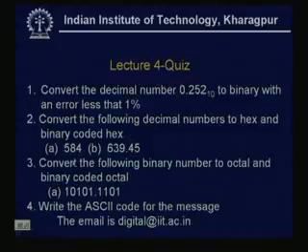So, the two decimal numbers are given, one is a pure integer, one has the integer as well as non-integer portion, and we have to convert that to hexadecimal numbers as well as BCH, the binary coded hexadecimal. Now, convert the following binary numbers to octal and binary coded octal, and this is very similar to question number 2, but only the binary is itself given.